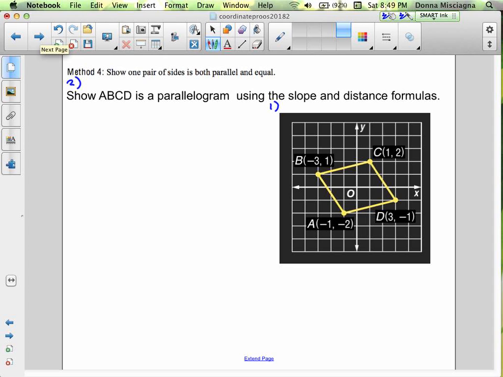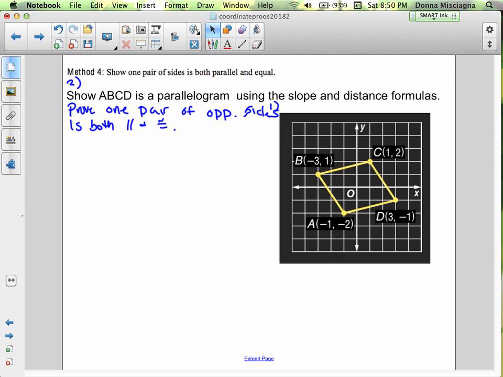I'm going to add a little bit to that. We're going to prove one pair of opposite sides is both parallel and congruent.